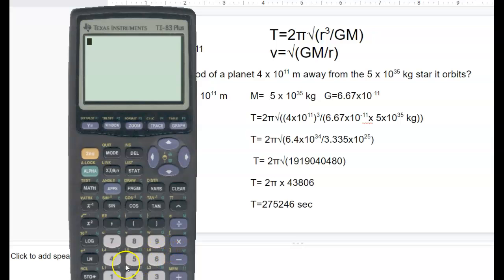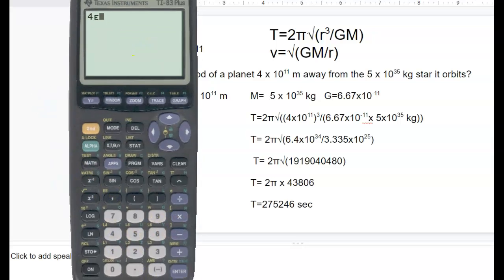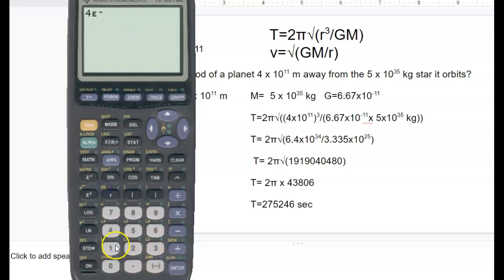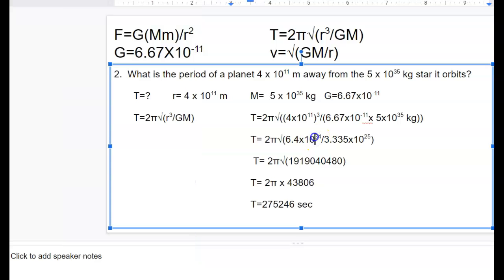So I'm going to take 4 times 10 to the 11th. Now on the TI calculators, I can hit math 3 to cube that, and I get 6.4 times 10 to the negative 32nd.